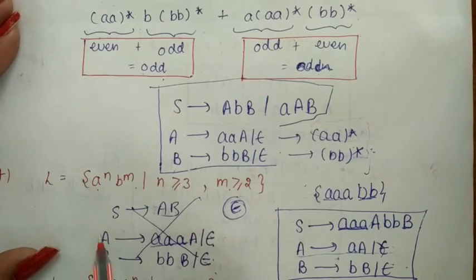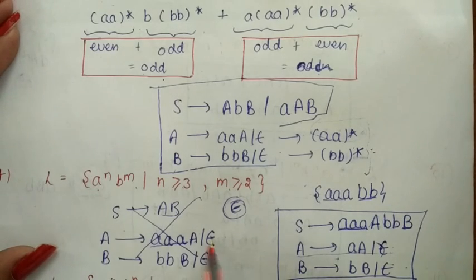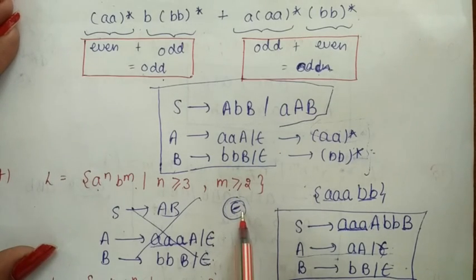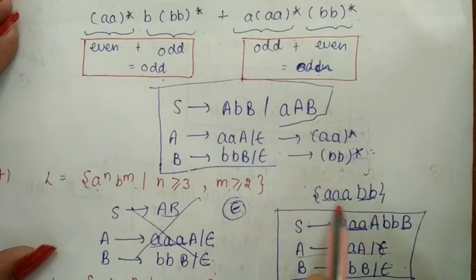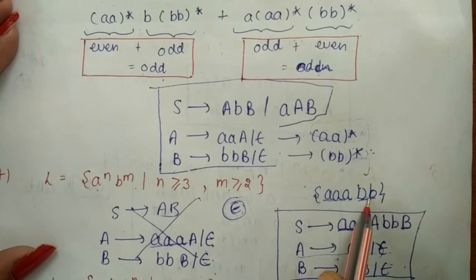If you write the grammar like this, this is totally wrong grammar, because in this case, if A is replaced by epsilon and B is replaced by epsilon, the starting symbol will generate epsilon, but the minimum string we require is triple a and bb.